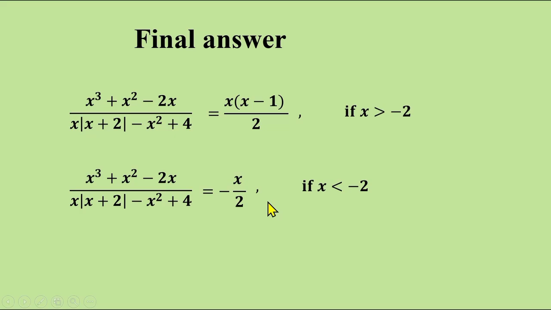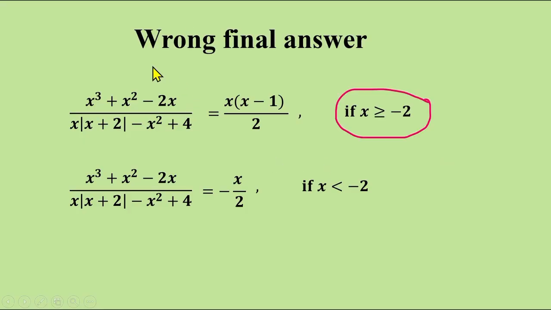Please, I draw your attention, x equal -2 is absent here, because it is not included in the domain. Let's return to this point. Let's suppose we didn't consider domain, then our answer will have a wrong form. Here will be x greater or equal -2, and why it is not correct.